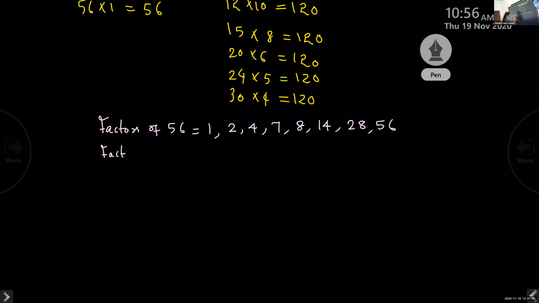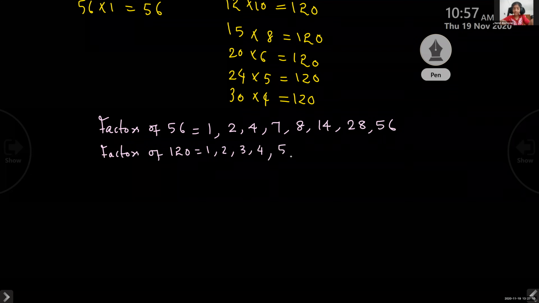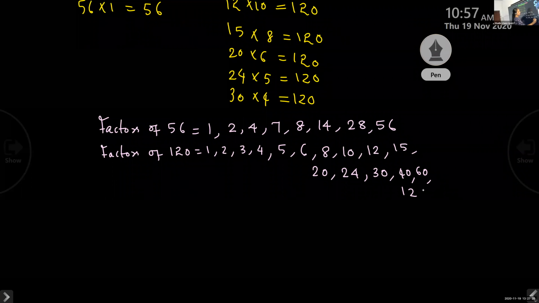Factors of 120: 1, 2, 3, 4, 5, 6, 8, 10, 12, 15, 20, 24, 30, 40, 60 and 120. This many.